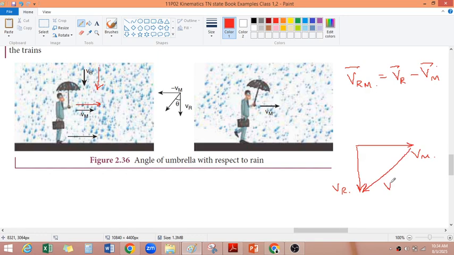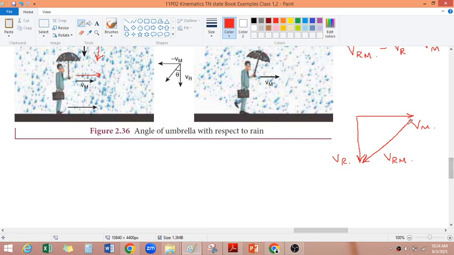This will be your VR with respect to m, because remember I told you it is like vector subtraction. Vector subtraction means you have to connect these two things. This is vector addition, but here you will be doing vector subtraction.